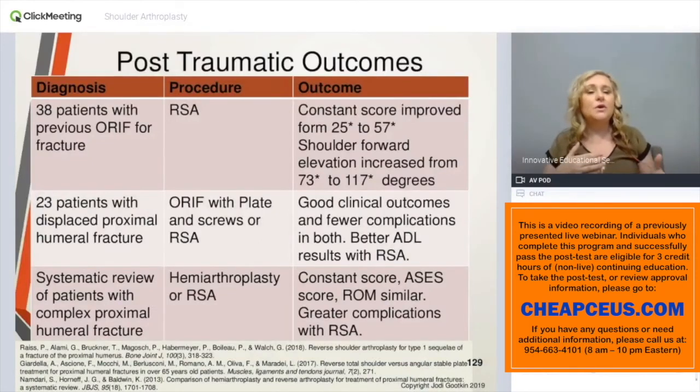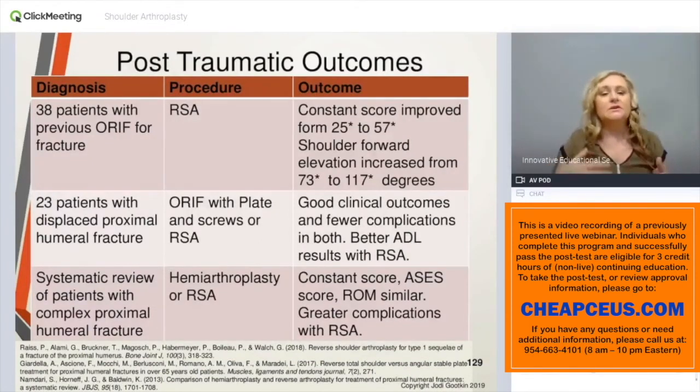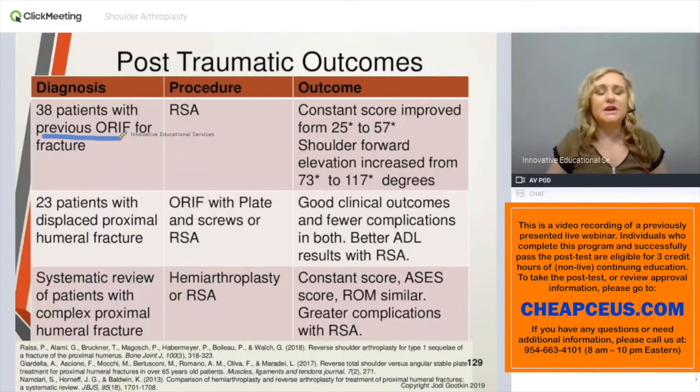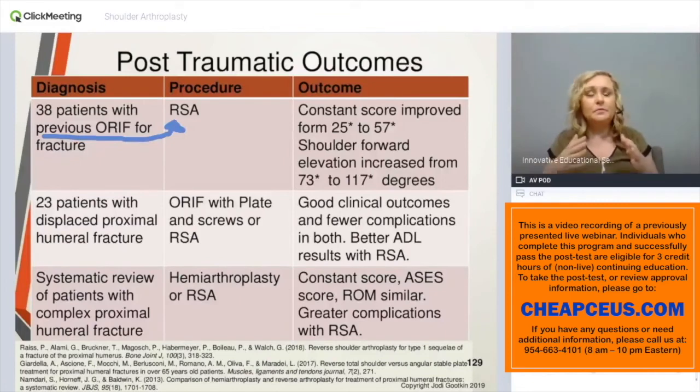Looking at individuals who had post-traumatic, so they had fractures that necessitated their shoulder repair, and they looked at individuals who initially had an ORIF, and then they went on to have that reverse shoulder arthroplasty. And what they found is they had significant benefit. That Constant functional score improved.